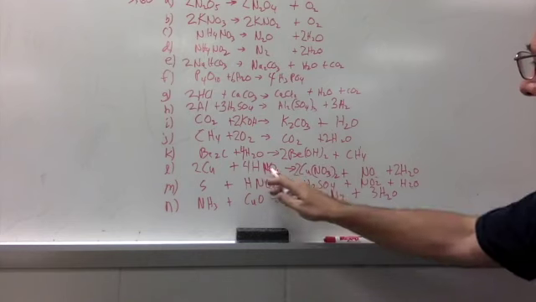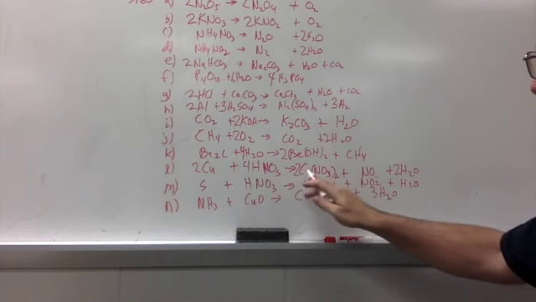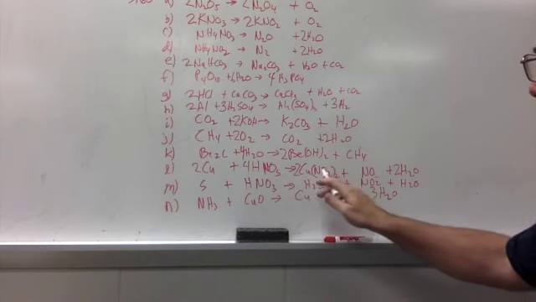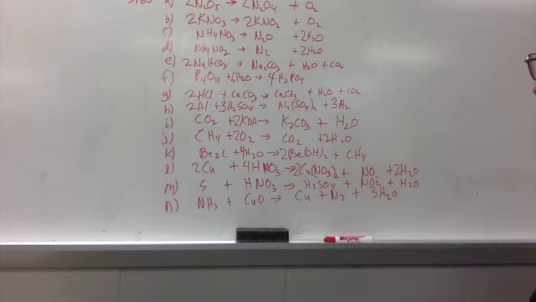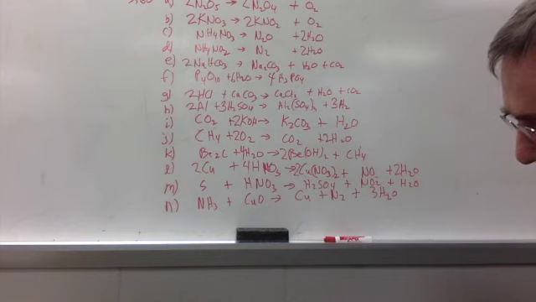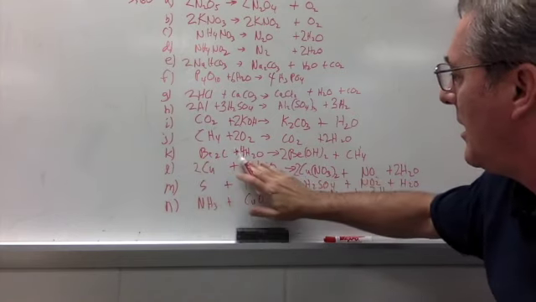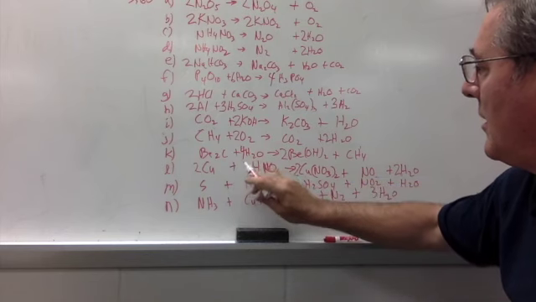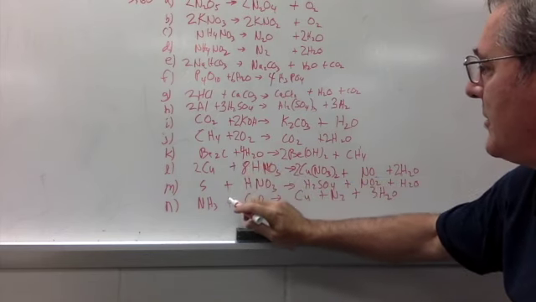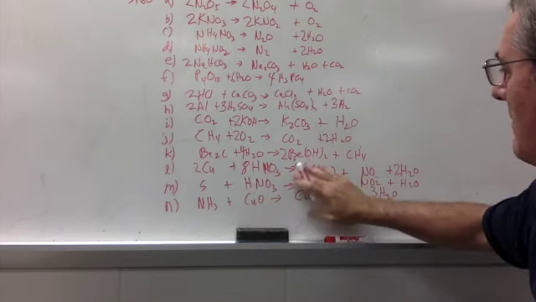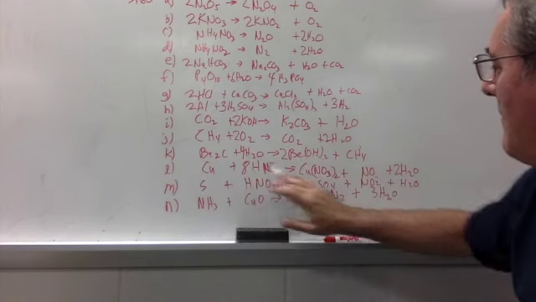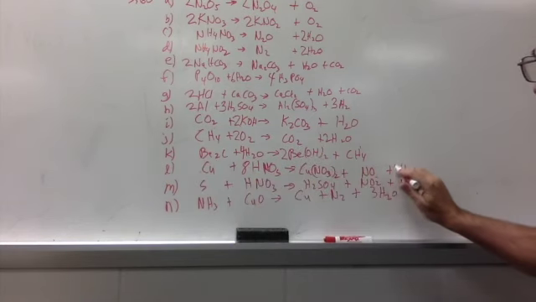4 nitrogens. Up, I've got 2 times 2 is 4, plus 1 is 5 nitrogens, so that's not going to work. So let's try doubling everything again. At least double this. About 8 hydrogens. 4 waters.